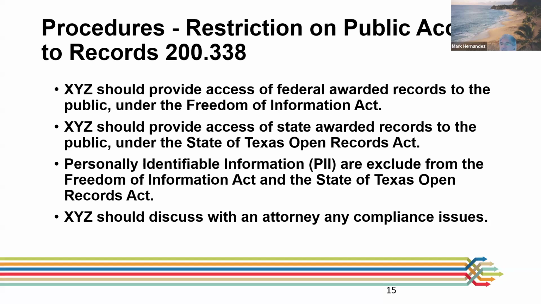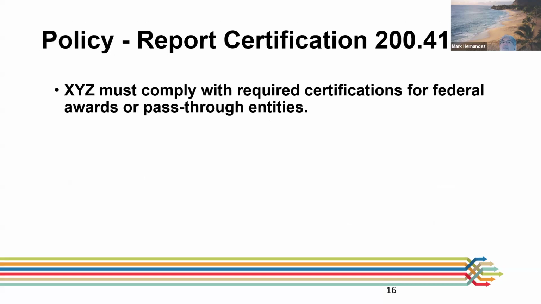So it's always good to have as part of your procedure that once you get that request, you start obtaining things, analyzing what you can give and what you can't give, and then discuss with your attorney their legal opinion on what you should provide. So those were the main parts for your financial records and your system in that part.